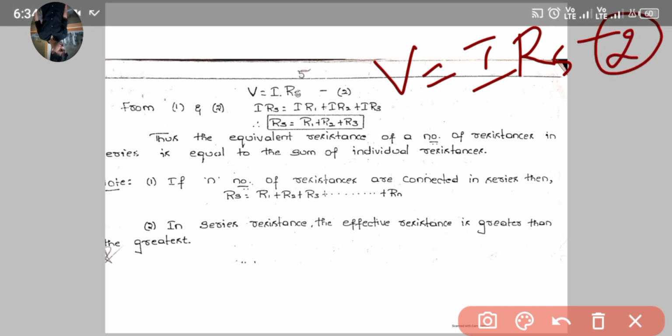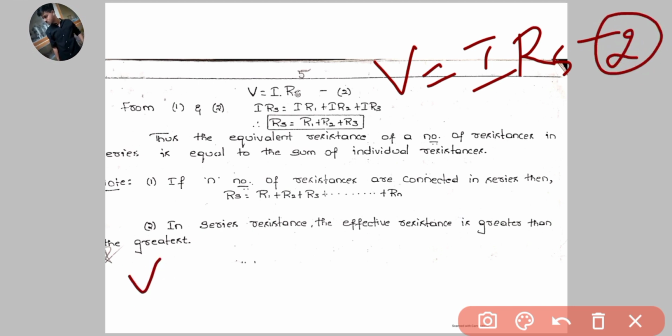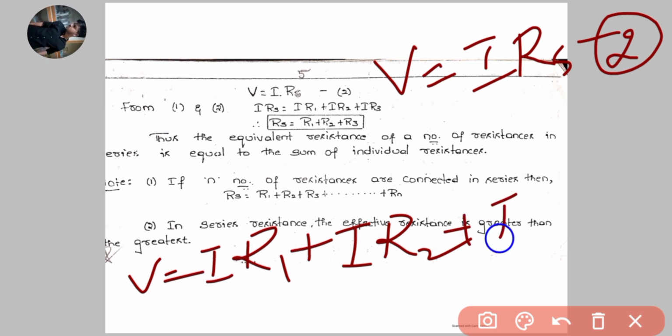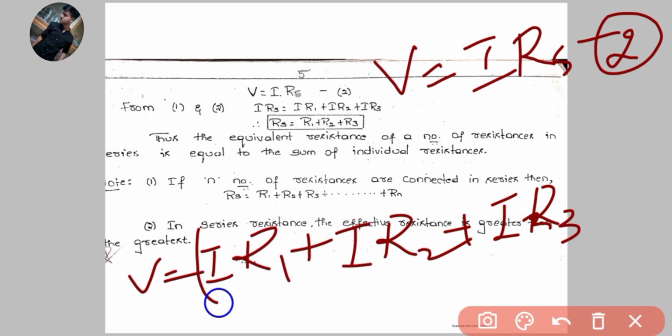In equation number 1, what we have is V is equal to I into R1 plus I into R2 plus I into R3. Take I as common from here, and when we compare these, the V's get cancelled because they are the same.